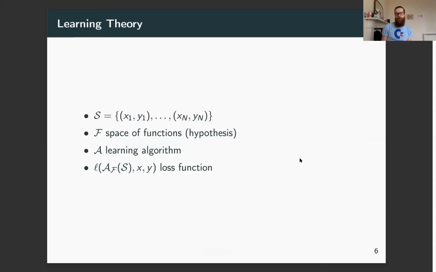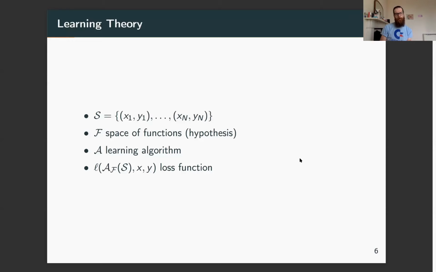Then I have a space of hypotheses, F. You can also think of that as a space of functions, which is where I'm looking for my solution or my generalization, if you want. And then I have a learning algorithm, A, and the task of this algorithm is to search, or traverse, this space of functions.